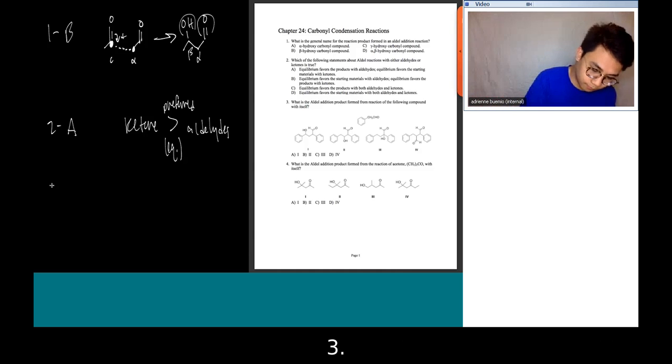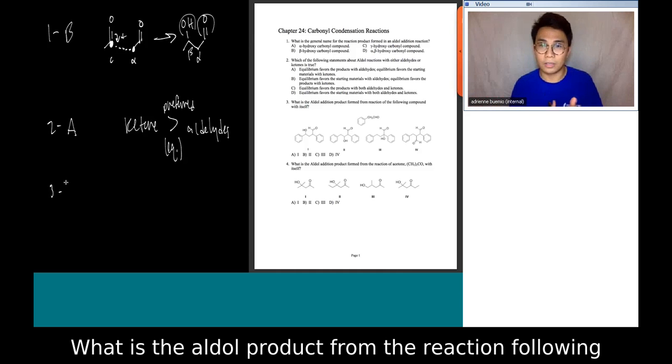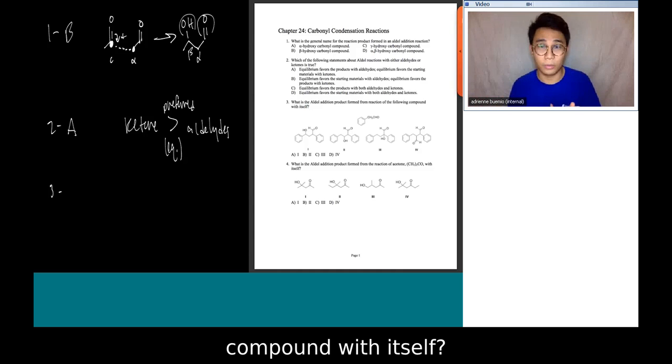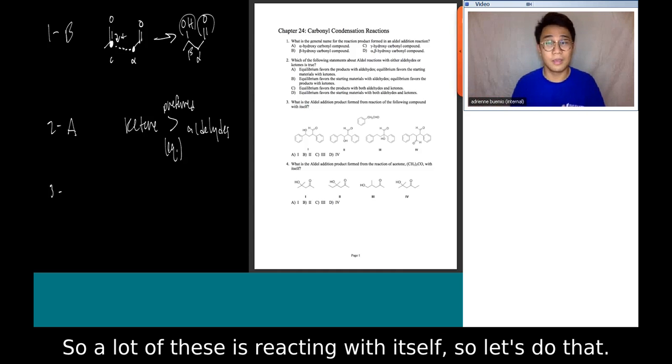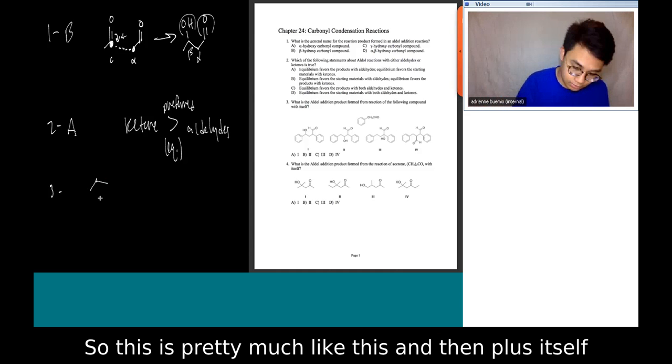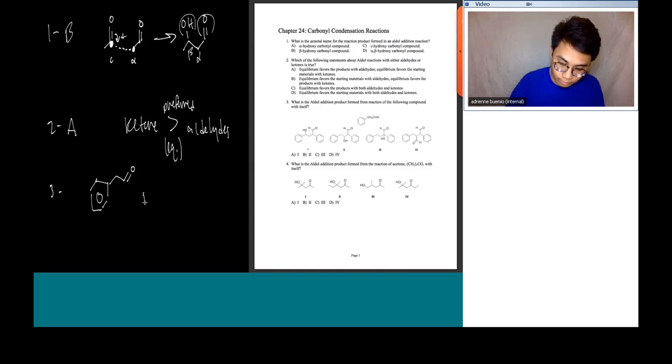Three, what is the aldol product from the reaction of the following compound with itself, right? So a lot of these are reacting with itself. So let's do that. So this is pretty much like this, right? And then plus itself, pretty much, right?